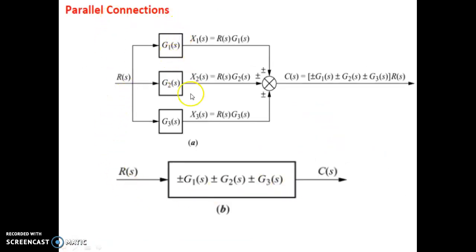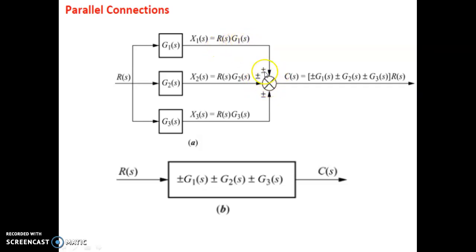Similarly, parallel connection. So X1, X2, X3, right? G1 is the open loop gain. So R into G1 of S will be considered as X1 of S. So R into G1, R into G2, R into G3. Here the summing point is there, so it will become addition or subtraction.